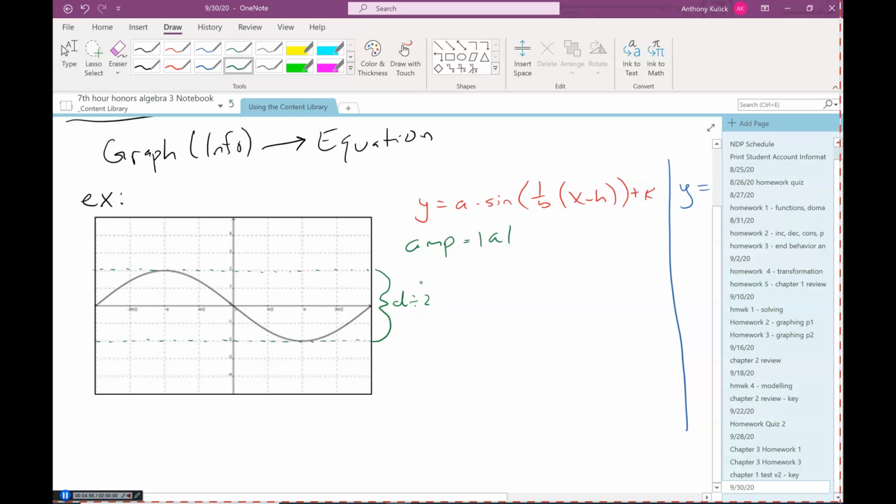Everybody okay with that? I count 1, 2, 3, 4 units. If I divide that in 2, I get 2. So I know A is either 2 or -2. Is everybody okay with what I did there?